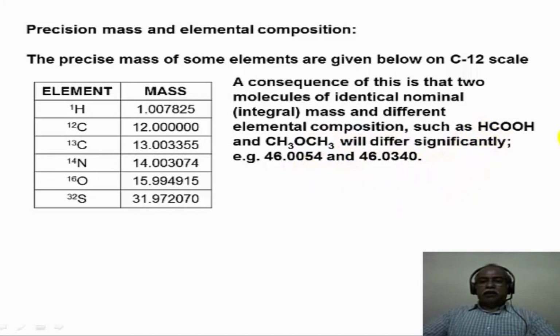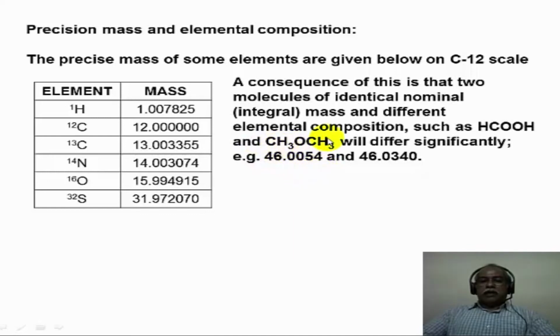If you take formic acid, there is one carbon, let us say that is carbon 12, and there are two hydrogens. The two hydrogens would correspond to 2 times 1.007825, and two oxygens would correspond to 2 times 15.994915. If you add up all these numbers, what one would get is 46.0054.